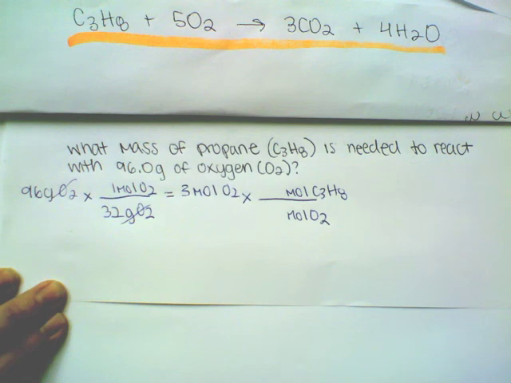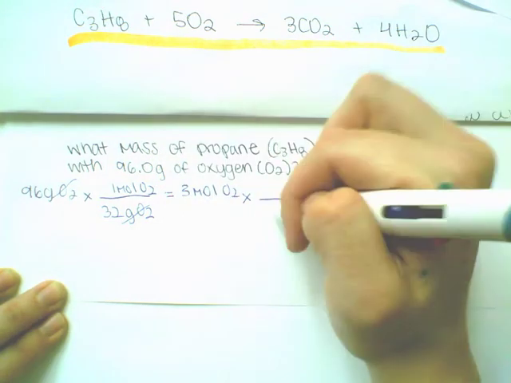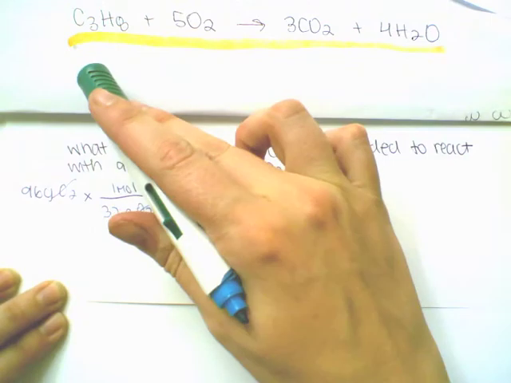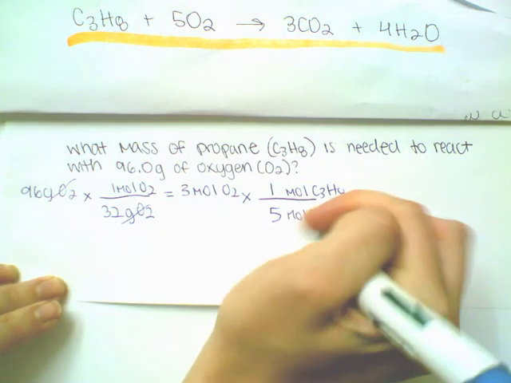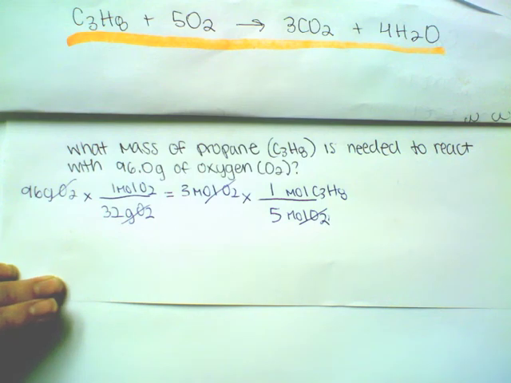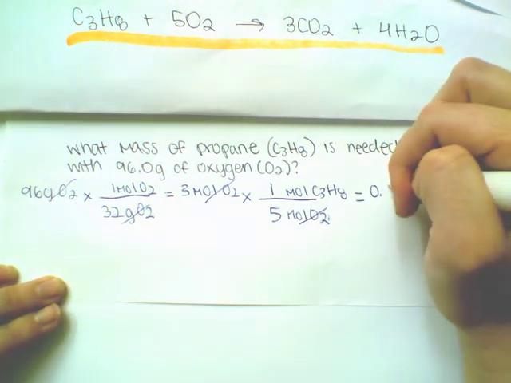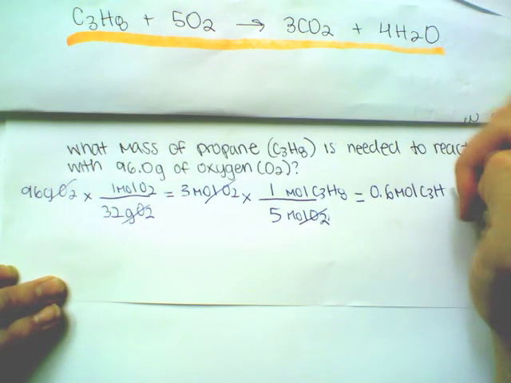The coefficient for oxygen is 5. The coefficient for C3H8, which is propane, is 1. So you multiply the numbers on the top, divide by the numbers on the bottom. So 3 divided by 5 is 0.6. And that's moles of C3H8.